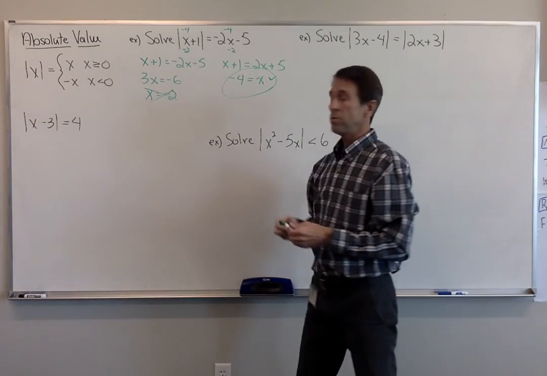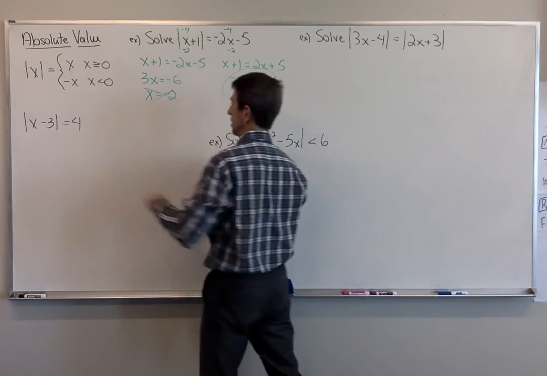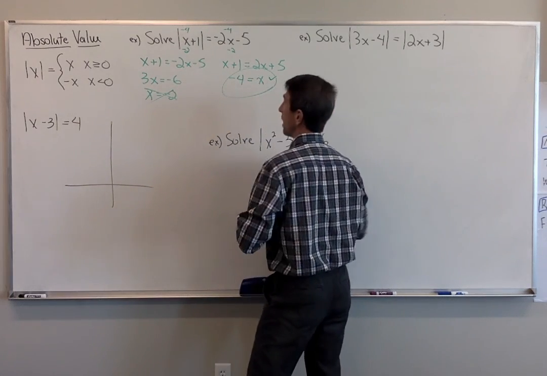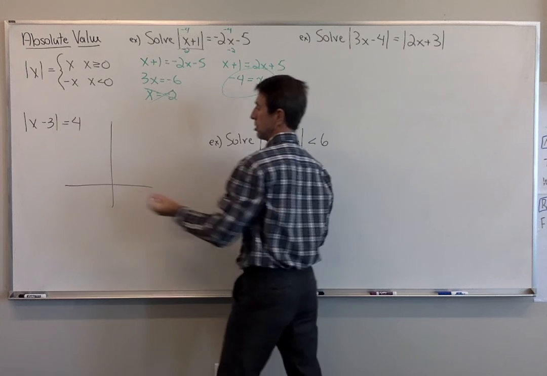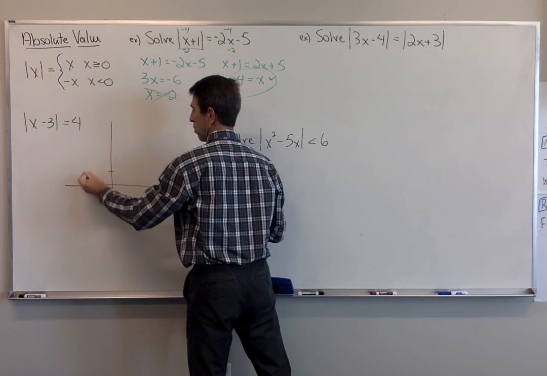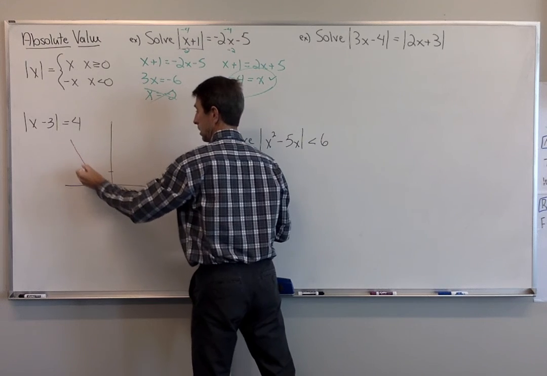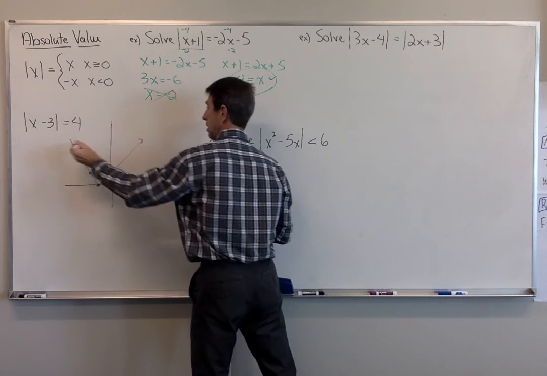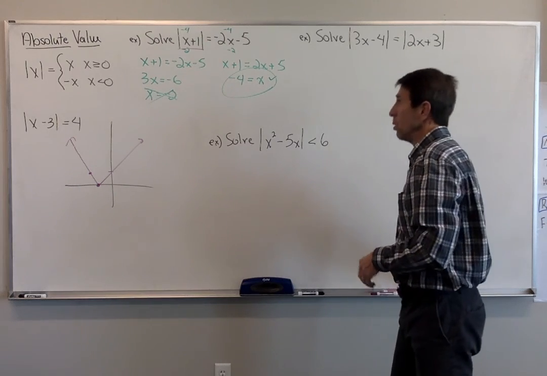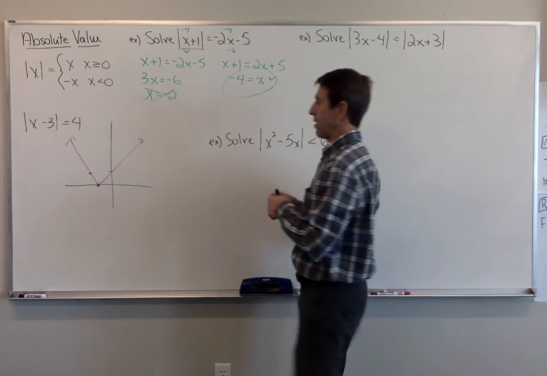The absolute value of x plus 1 is simply moving 1 back, still a slope of 1. There's my absolute value of x plus 1. We also know what -2x minus 5 looks like.